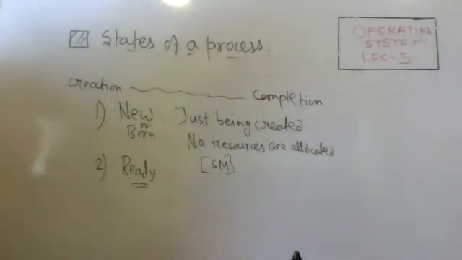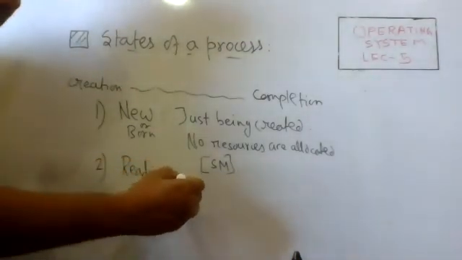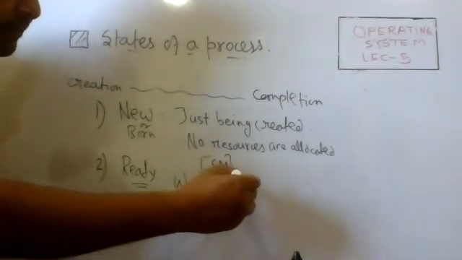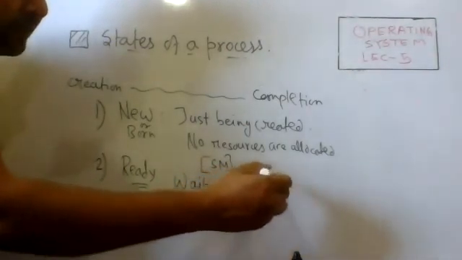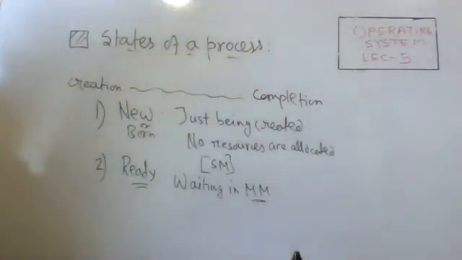The process is ready for execution and waiting in main memory for the CPU. So this is a main memory concept. This is ready state. Processes are ready for execution.